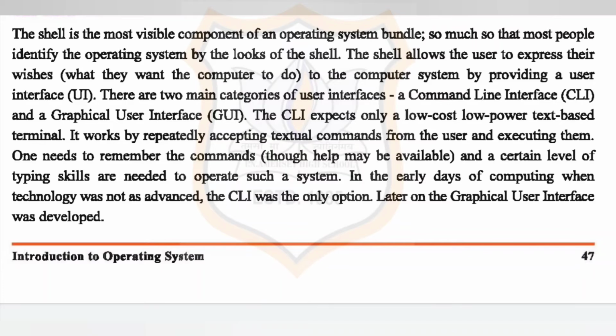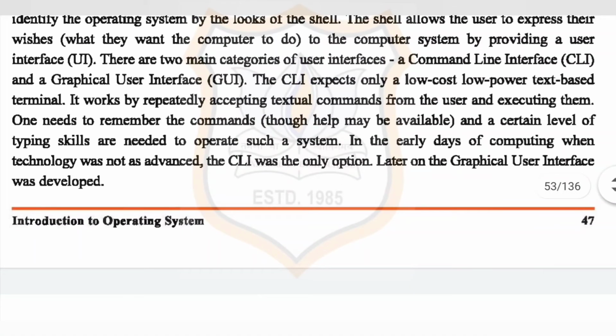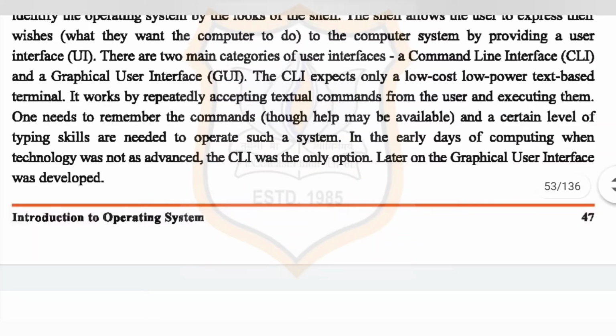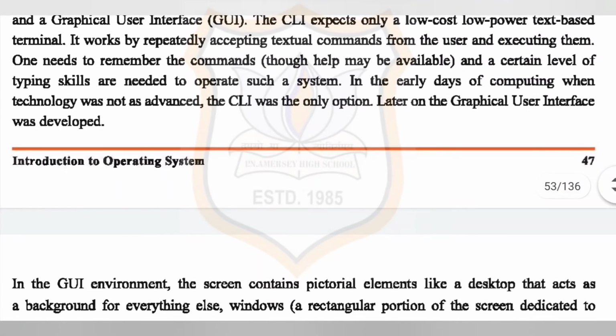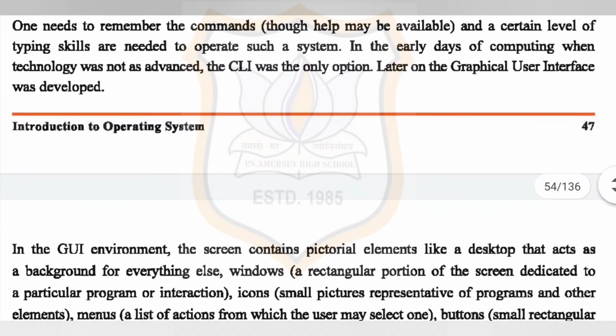There are two main categories of user interfaces, a command line interface, CLI, and a graphical user interface, GUI. CLI expects only a low-cost, lower-power text-based terminal. It works by repeatedly accepting textual commands from the user and executing them. One needs to remember the commands though help may be available, and a certain level of typing skills are needed to operate such a system.